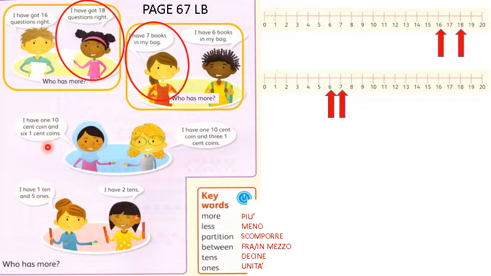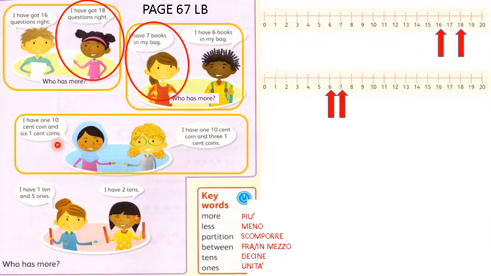Let's take a look at this one. I have 1 10-cent coin and 6 1-cent coins. I have 1 10-cent coin and 3 1-cent coins. 10 cents plus 6 cents equals 16 cents. 10 cents plus 3 cents equals 13 cents.